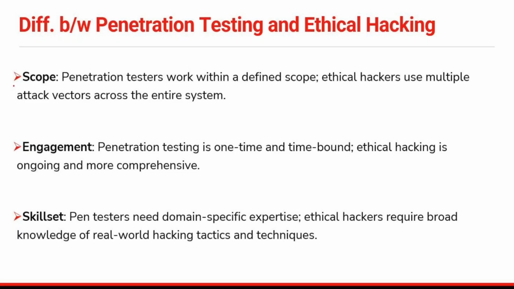Then if we talk about scope, pentesters work within a defined scope. Ethical hackers use multiple attack vectors. So penetration testing focuses on specific systems, applications, or networks. Ethical hacking covers all aspects of cybersecurity, including social engineering, right?